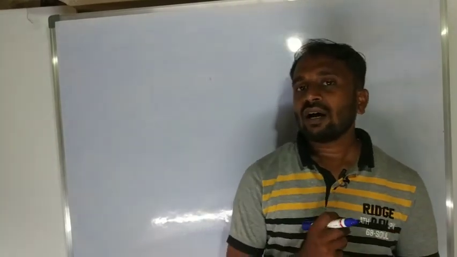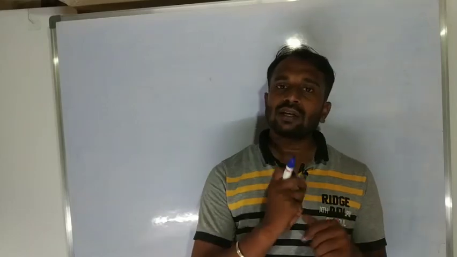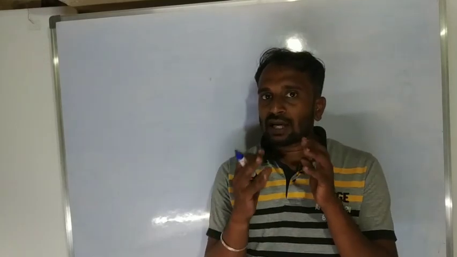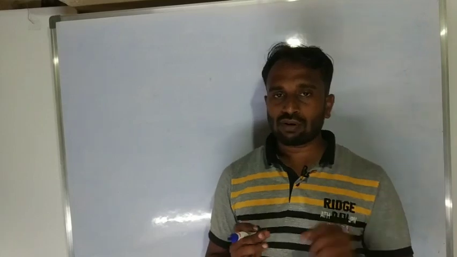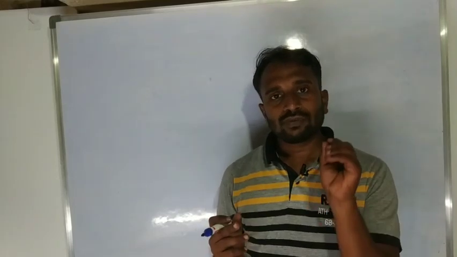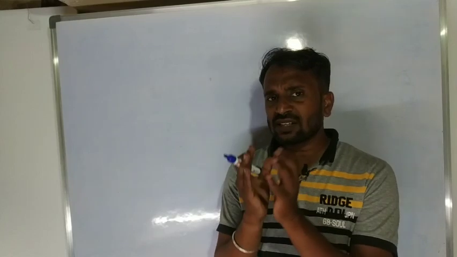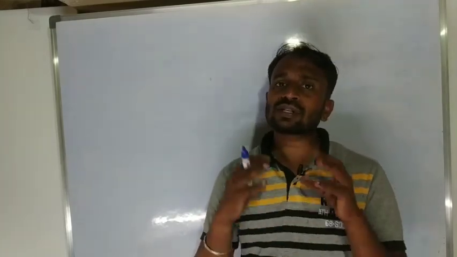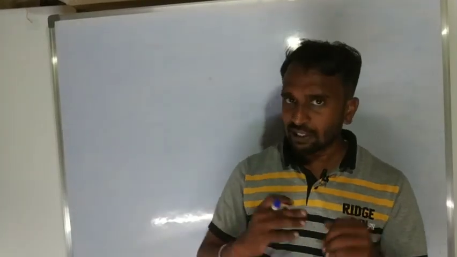Because the red light ray has the maximum wavelength and violet has the minimum wavelength. We are just comparing wavelength and deviation of light. So we consider two light rays, red and violet, because red has the maximum wavelength and violet the minimum.